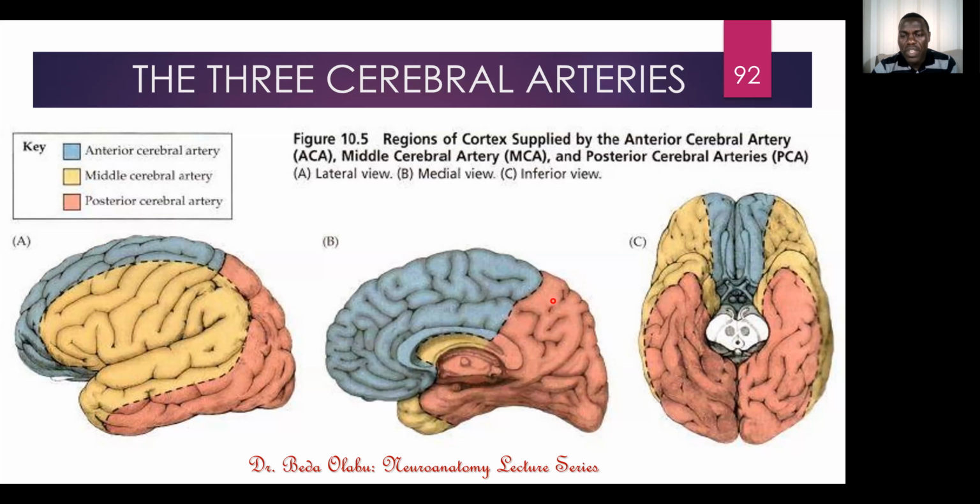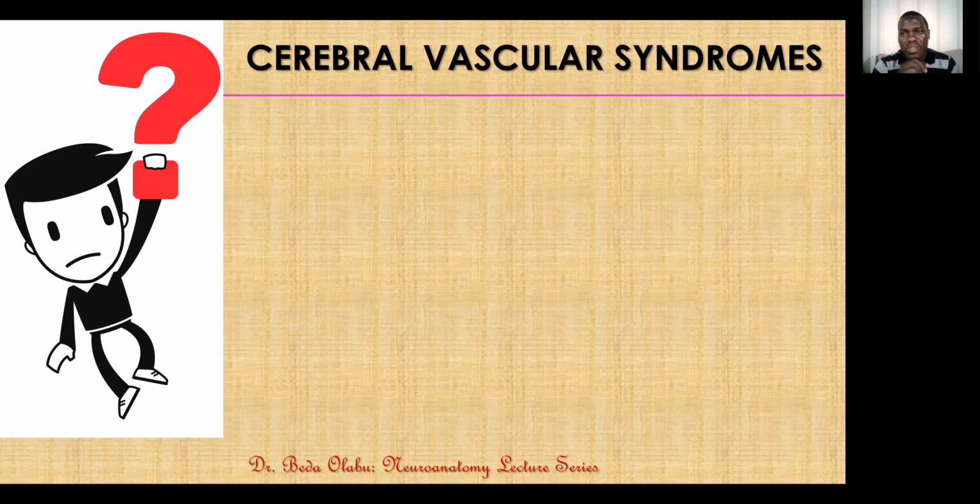This map is very important because it is from this map that you're able to deduce which vessel is injured if a patient presents with a particular clinical symptom. And to give you an example of such, I will give you some questions as we finish on this topic.